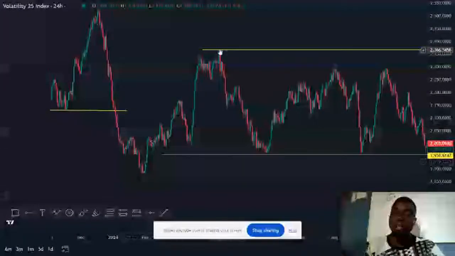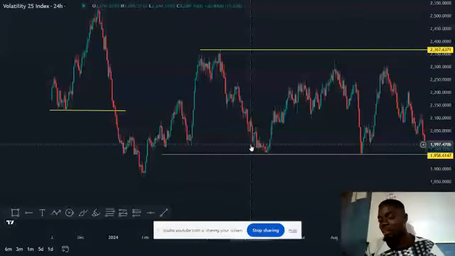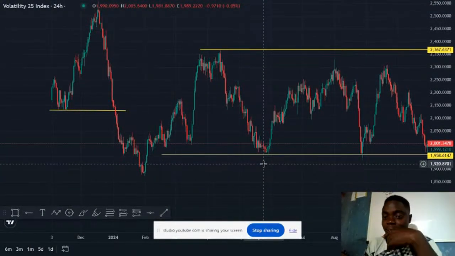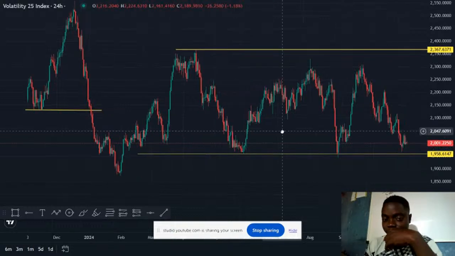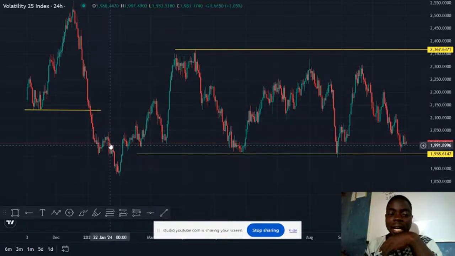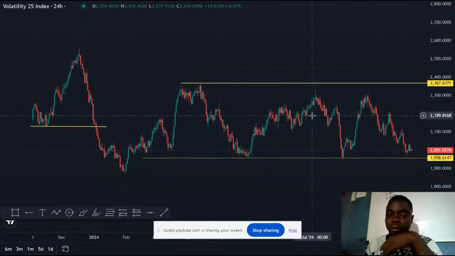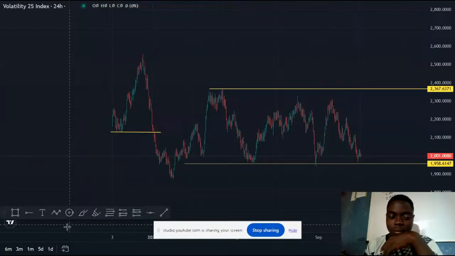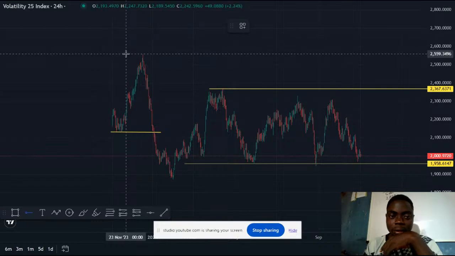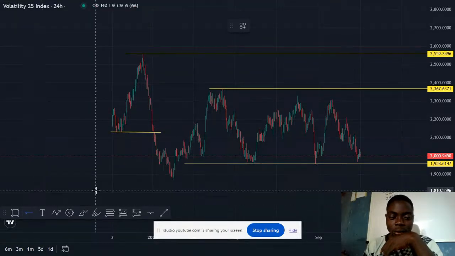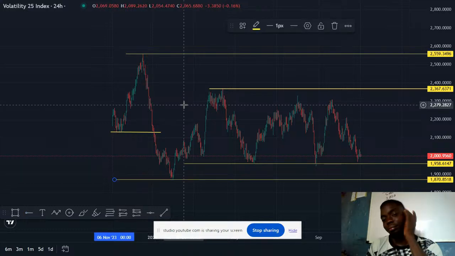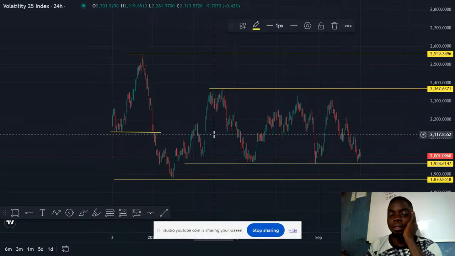So this is not a lower high and this is not a lower low. All this structure between this high, this high here, and this low here is the range that price is operating from.